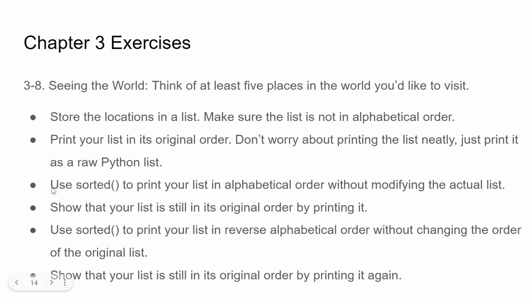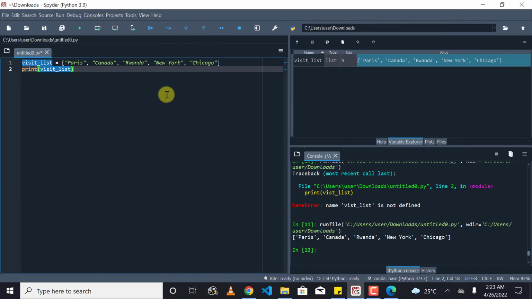Okay, the next part is to use the sorted function to print your list in alphabetical order without modifying the actual list. Then show that your list is still in its original order by printing it. Okay, so this next part is sorting alphabetically.